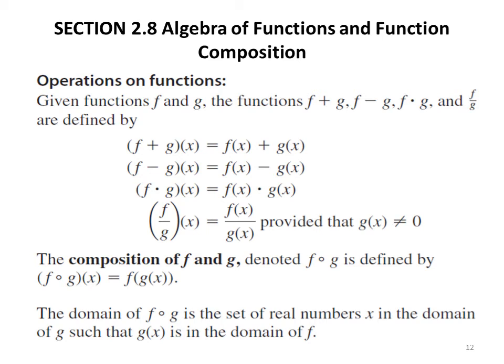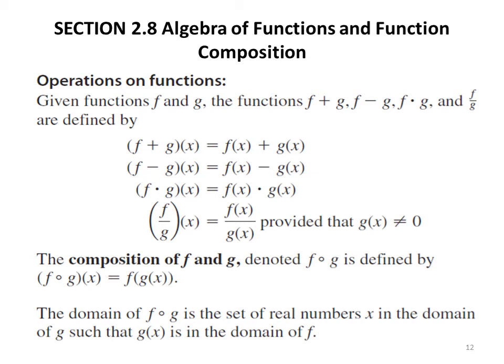f plus g of x, this is a new function, f plus g. How do you evaluate it at any x? Just take f of x plus g of x. So if I have the formula that defines f and g, you just substitute the formula for f, and then substitute the formula for g.